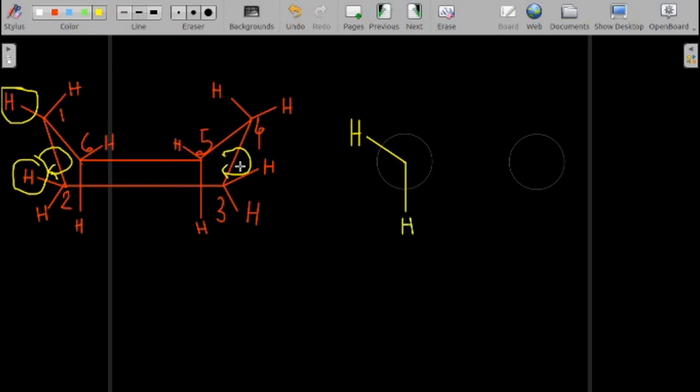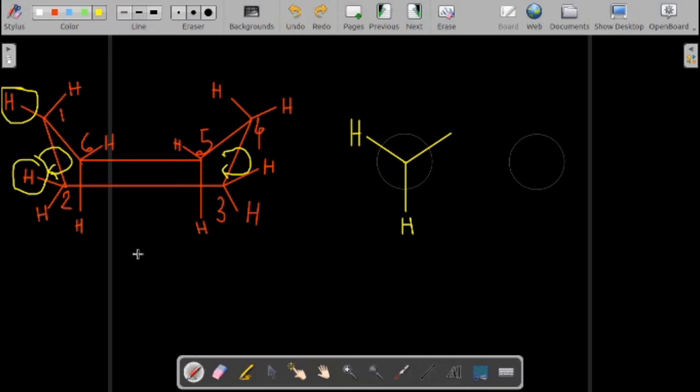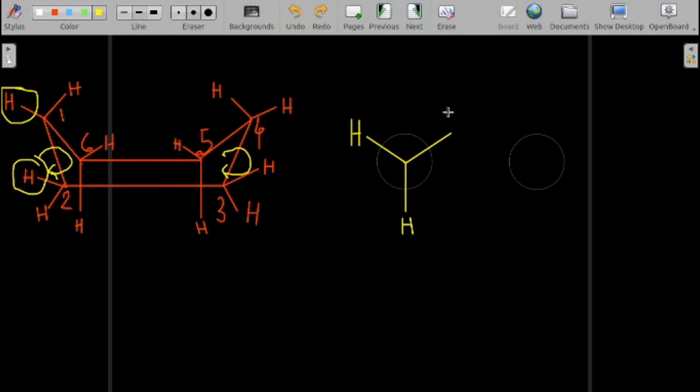This is the C1 carbon, and this C1 carbon is associated with the C6 carbon. Oh, sorry, this is the C1 carbon. Now we will consider the C2 carbon.